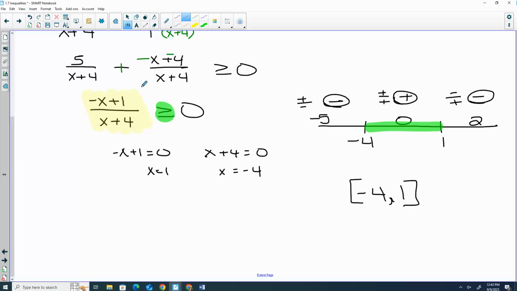Very good. The denominator of a fraction, remember when we were doing those, we said the bottom can never be 0. So x can't be -4, no matter what. The top of a fraction can be 0, the denominator cannot. So the 1 gets a bracket, but the 4 has to have a parenthesis. Anything that comes from the denominator gets a parenthesis on these.